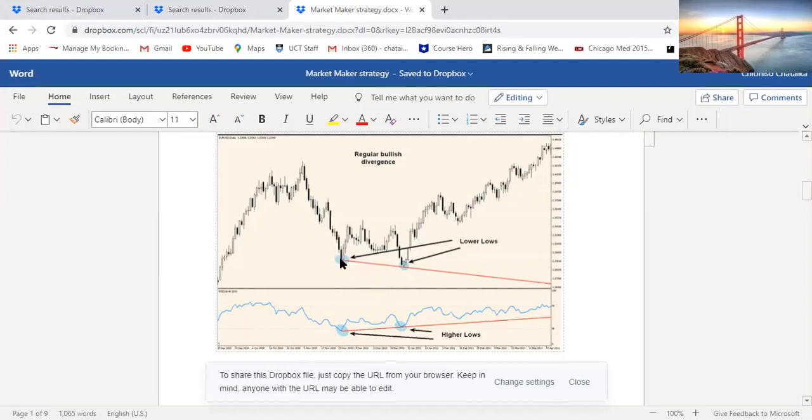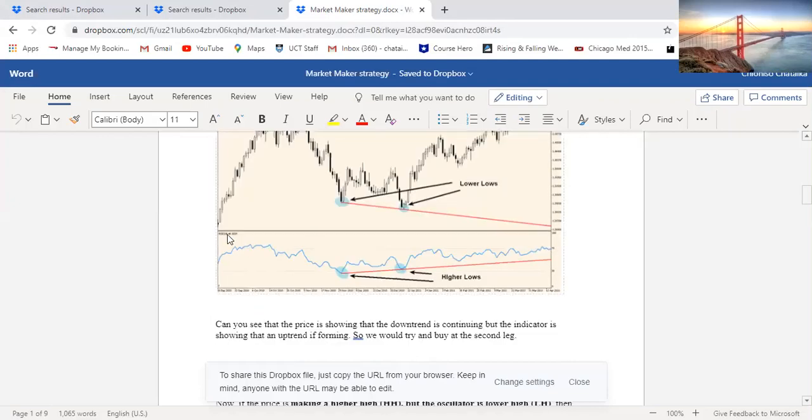So here's a high point and then an even lower point. But on the indicator, we're seeing a high point and then an even higher point, which signals to us an uptrend forming. And so we want to get in on this leg here. Since this is a daily chart, you could trade it as just a divergence, and see they're using the RSI indicator.